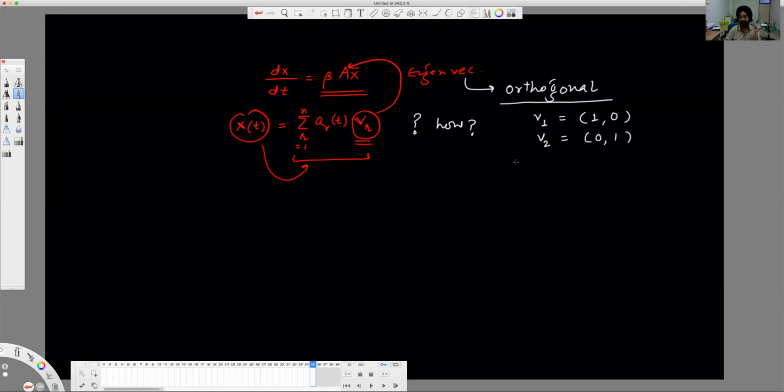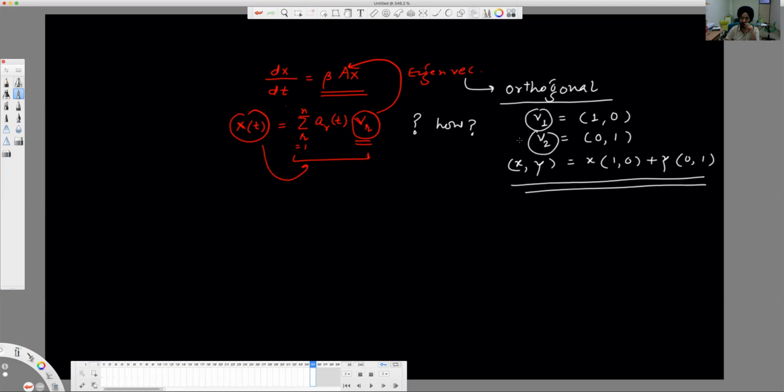Now I write another vector (x, y) as a linear combination of b1 and b2. One way I can write it is x times (1, 0) plus y times (0, 1), right? This is nothing but the linear combination of the eigenvectors. So if you have orthogonal vectors, this is possible. If they are orthogonal, this can be done, right?